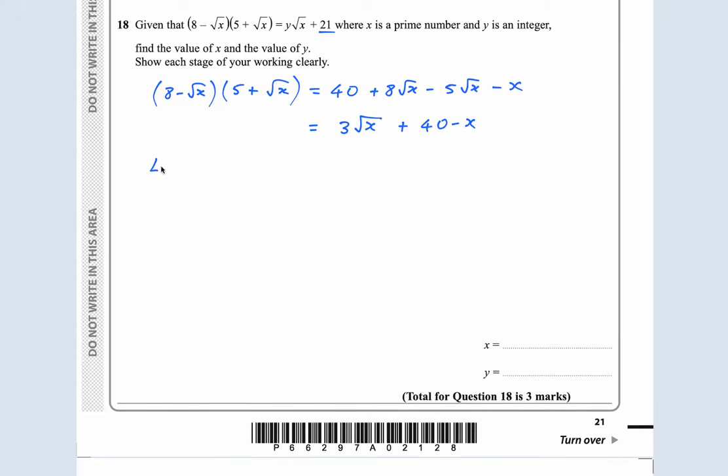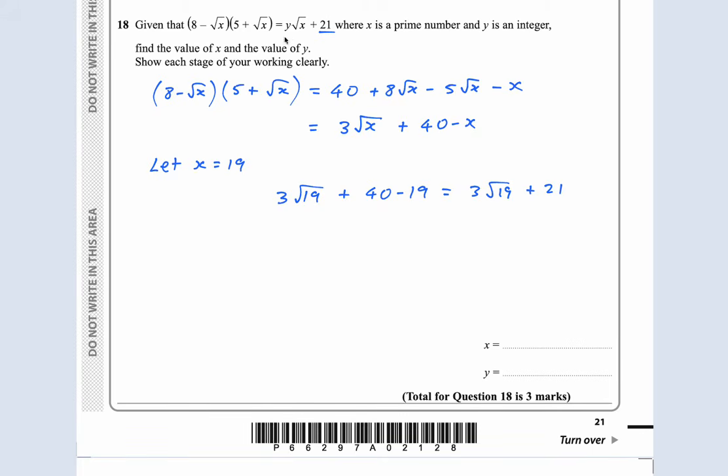So let x equal 19, and we have 3 root 19 plus 40 minus 19, which is 3 root 19 plus 21, which is what they want.